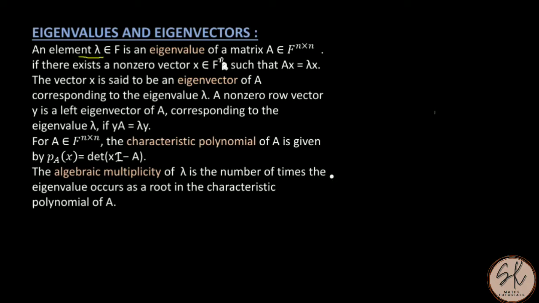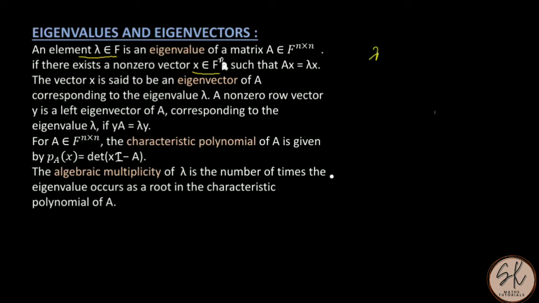So see, an element lambda belonging to F is an eigenvalue of a matrix A belonging to F^(n×n) if there exists a non-zero vector x belonging to F^n such that Ax equals lambda x.